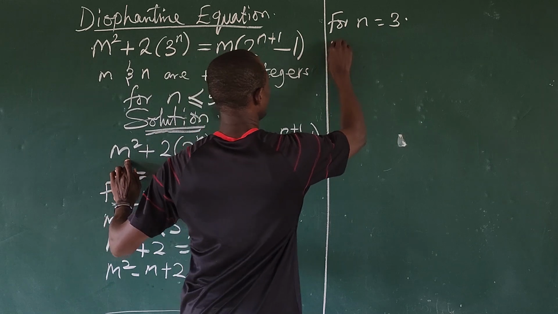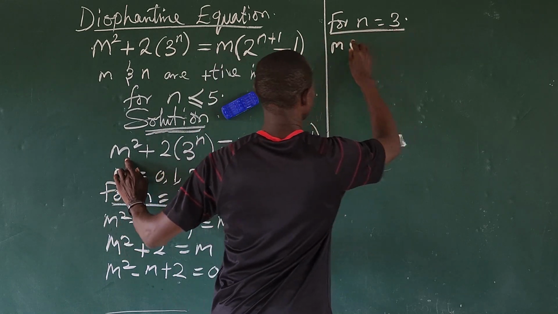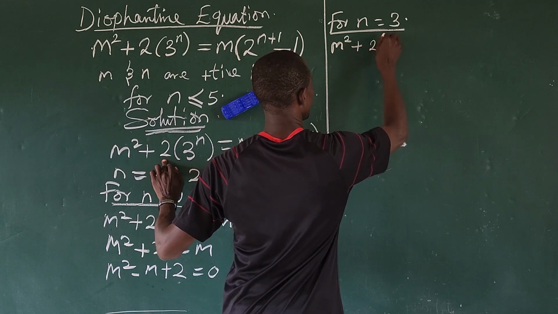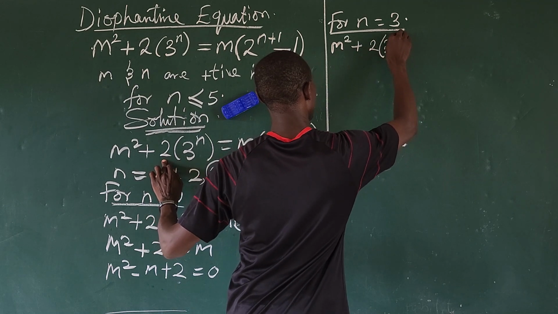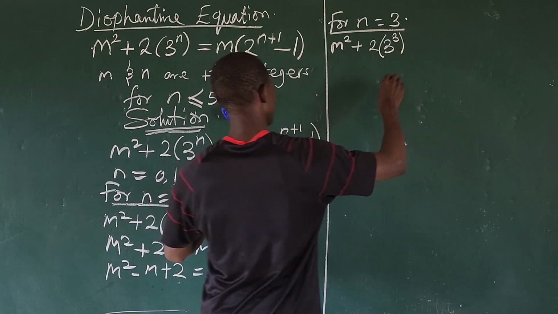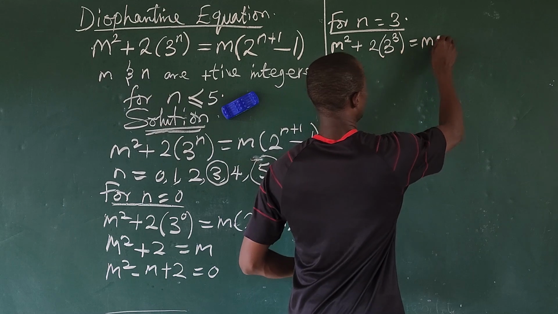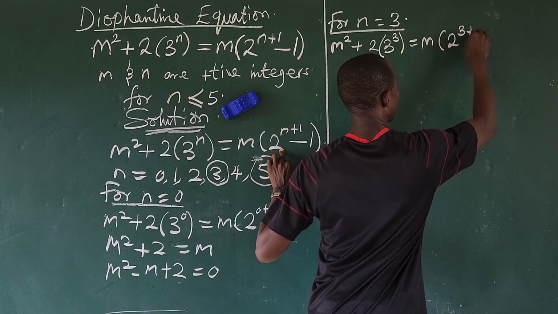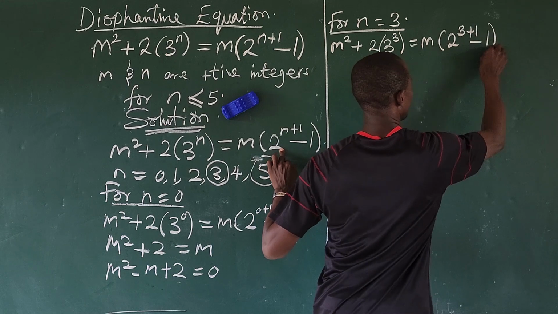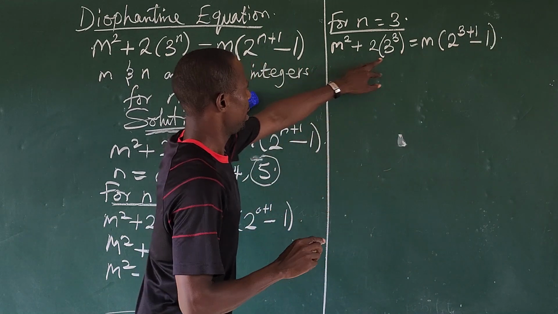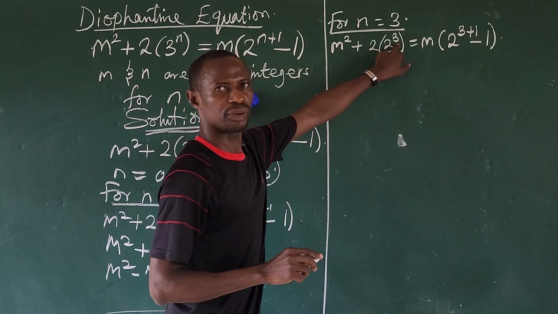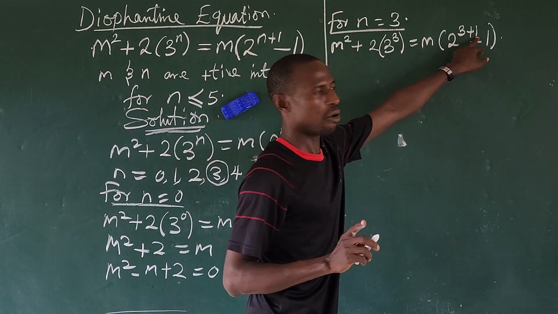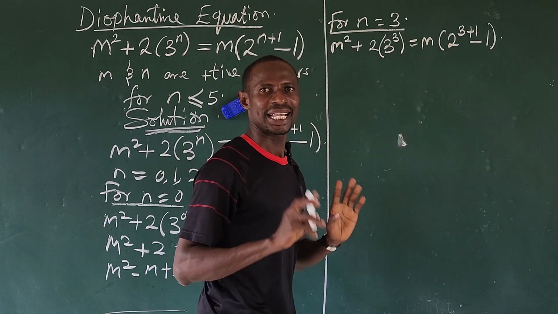Working with this, m^2 + 2(3^3) = m(2^(3+1) - 1). 3 to the power of 3 will give us 27, and here we add this to give us 4. So 2 to the power of 4 will give us 16.